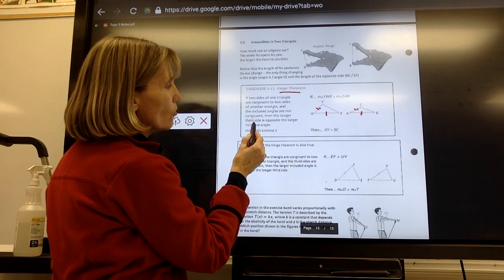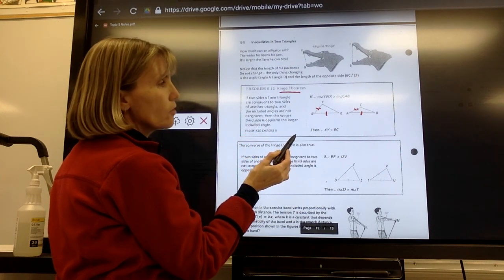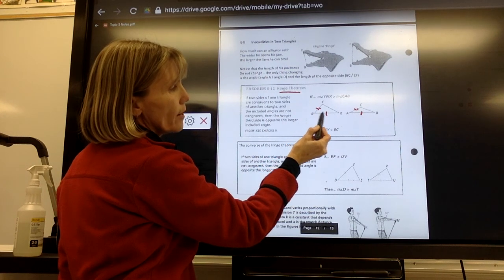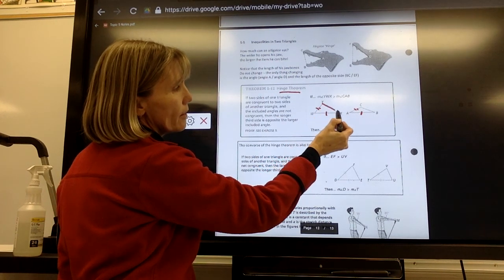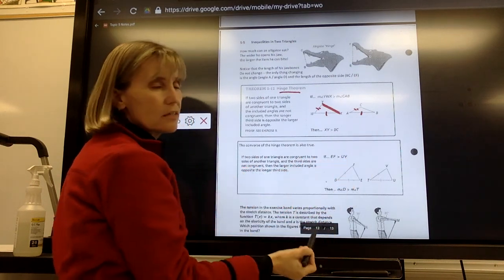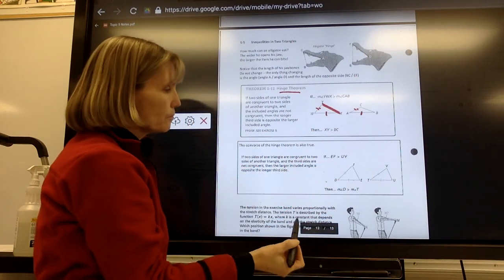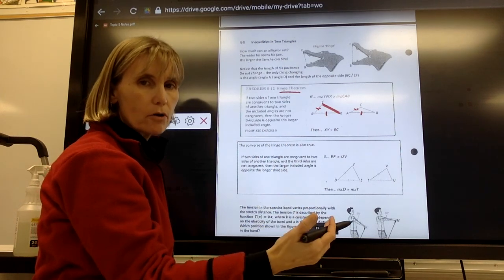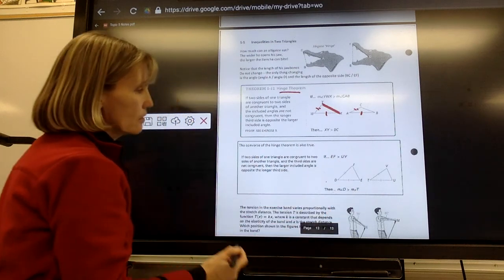And then the longer third side is opposite of the larger included angle. So it looks like W is a bigger angle than A, which means this side XY is going to be greater than the length of side BC. That's all they're saying. Again, I can't tell you how long it actually is. I just know it's going to be longer than side BC in this case.